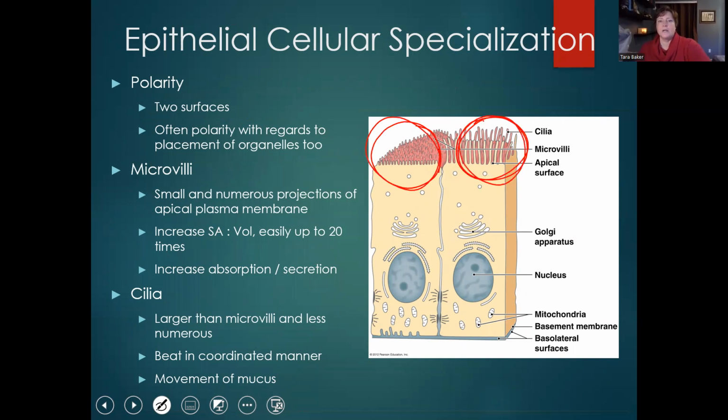Both are on the apical surface, so they're exposed. The job of the microvilli is to increase surface area for better absorption and secretion. We see microvilli lining your small intestine, for instance, which increases surface area so you can absorb more nutrients.